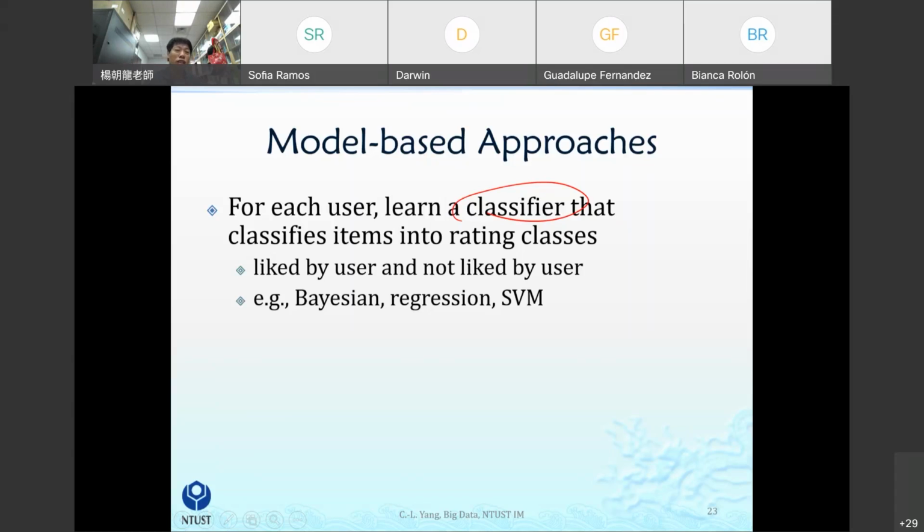For example, using a Bayesian regression model, or the support vector machine method, SVM. But no matter what, that is a statistics or machine learning based method that can help you create a prediction model.